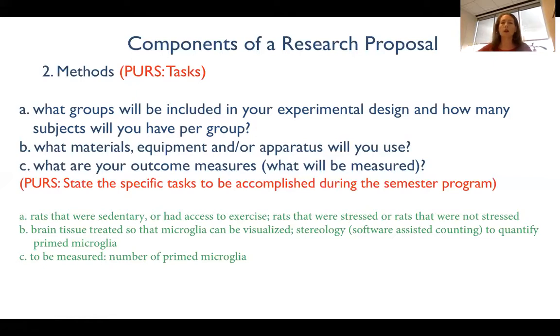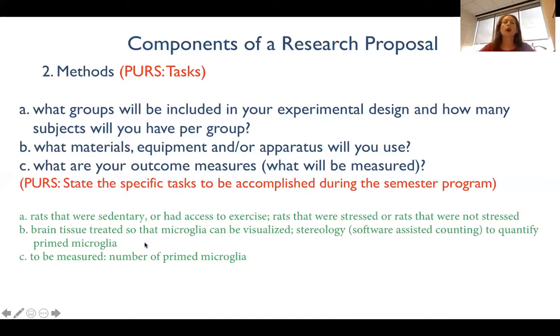So he's essentially got four groups here. And this was a study, incidentally, that had already been done. So if you're already starting to think, well, good Lord, he had to run rats and then count everything in one semester, no, he was working with tissue that had already been acquired. So he could move straight on to the analysis stage.